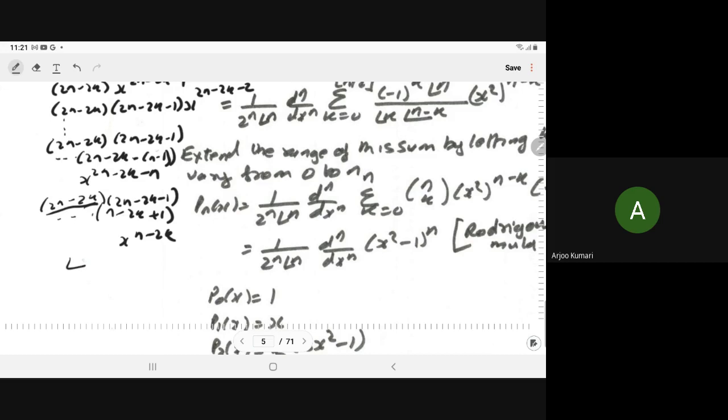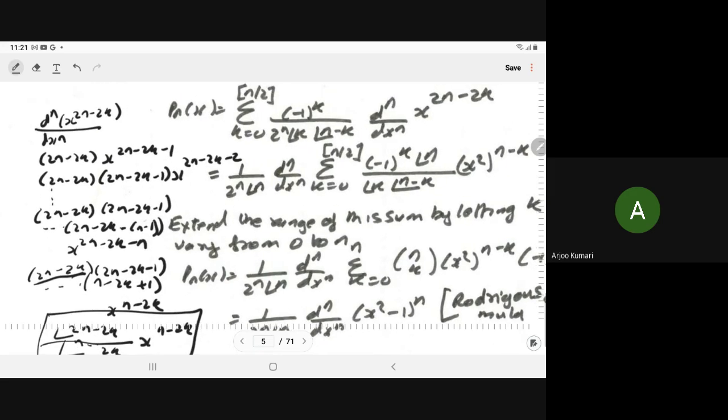And this can be written as factorial of 2n minus 2k upon factorial of n minus 2k, x to power n minus 2k. So it means this can be written as the nth derivative of x to power 2n minus 2k.